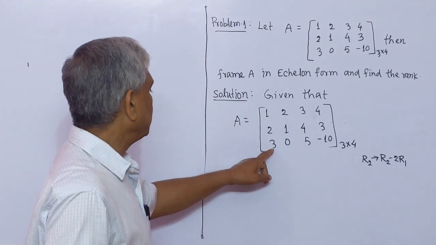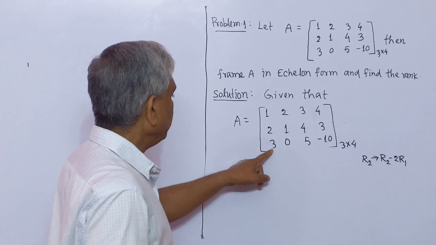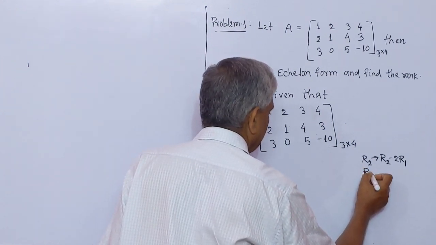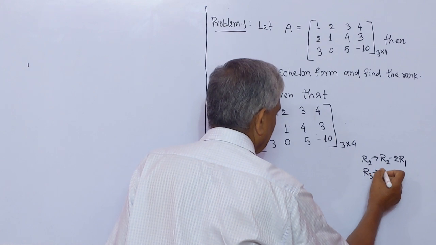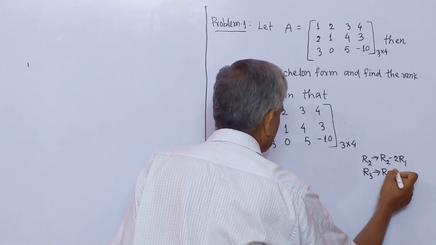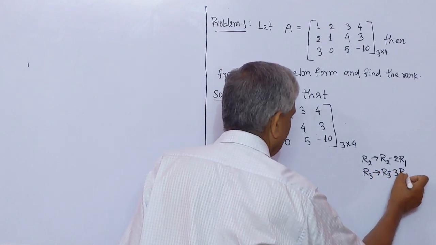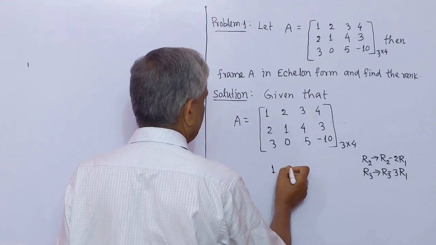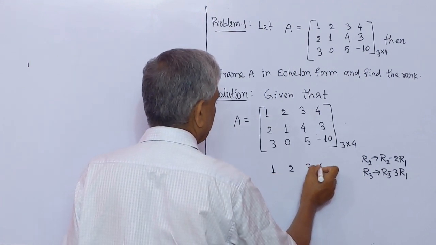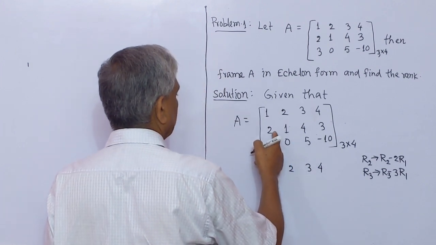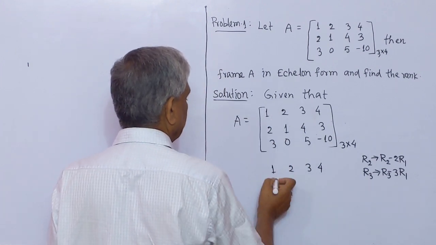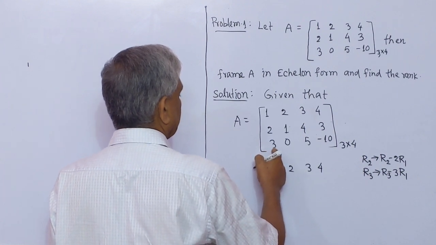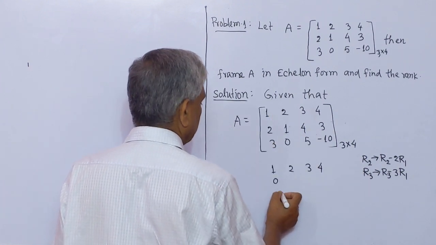To make 0 in this place, we need to use the elementary transformation R3 minus 3 R1. So we write the first row the same, 1, 2, 3, 4. Here 2 minus 2 into 1, 0. Here 3 minus 3 into 1, 0.